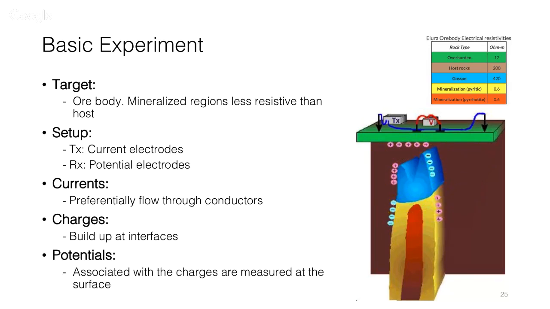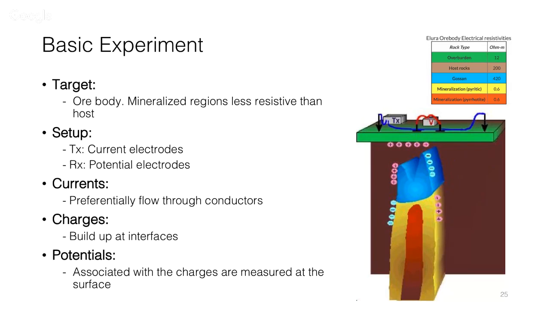Coulomb's law, right? If I've got a charge anywhere, I can tell what the electric potential is away from there, just using Coulomb's law. So I've got these charges built up, I can measure potentials, and now I can use two probes to measure the potential difference. That's it. That's the DC resistivity experiment.